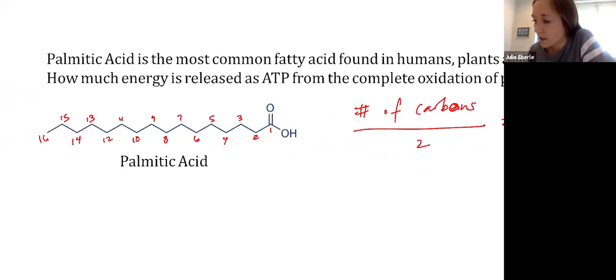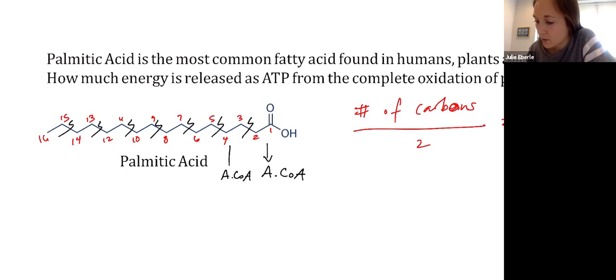So we're going to cleave right here, and we're going to cleave right there. That's 2 cycles of beta oxidation. Each of these produces an acetyl-CoA. We're going to keep going, cleaving every 2 carbons, because we shorten it by 2 carbons every time.